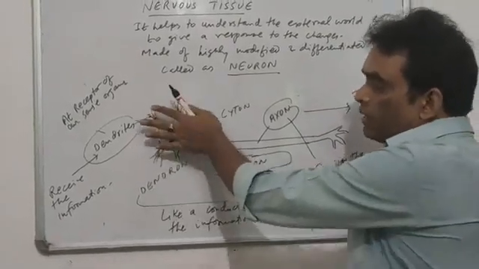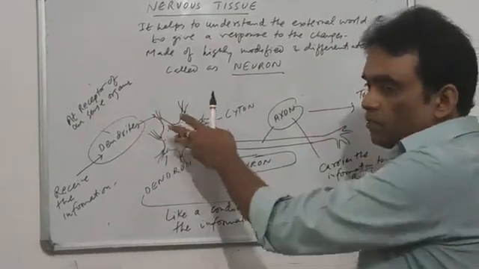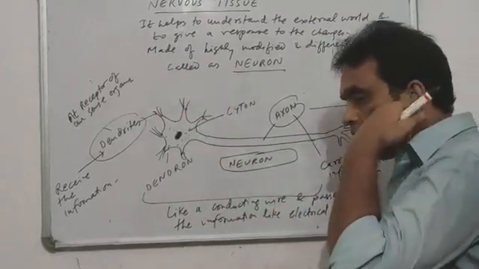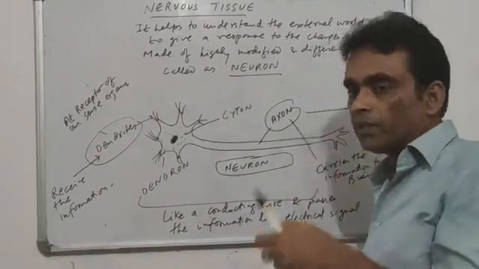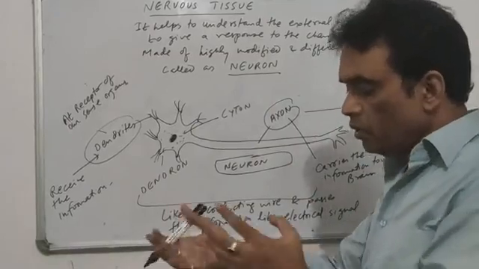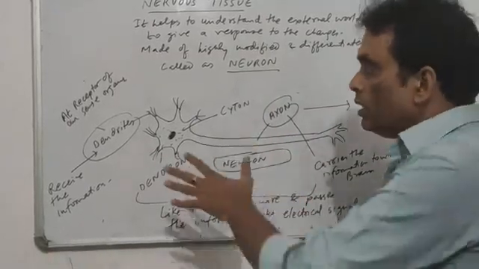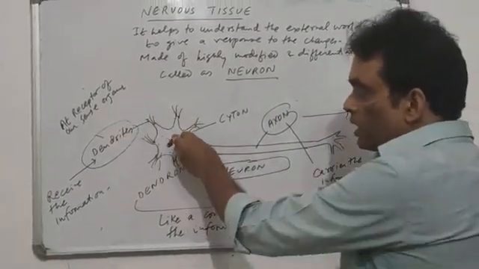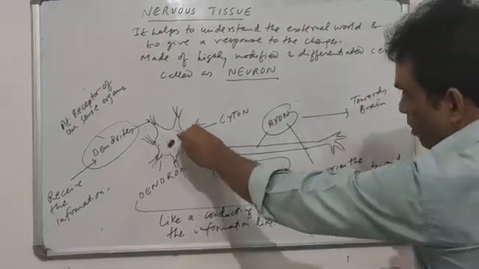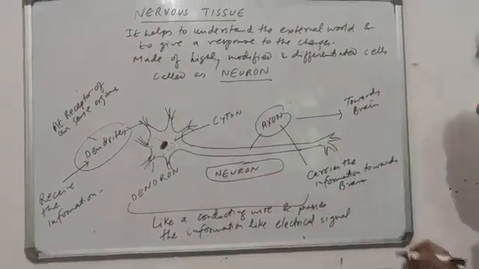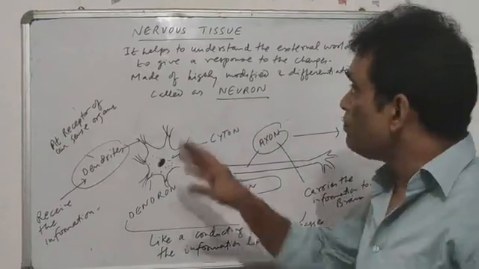Your tongue has dendrites which receive the taste. Your ear has dendrites which receive the vibration. Your skin has dendrites which receive the touch or the feeling. They receive it, pass it to the cyton, and from the cyton, the information travels through the axon and reaches towards the brain. So that is the function of nervous tissue.